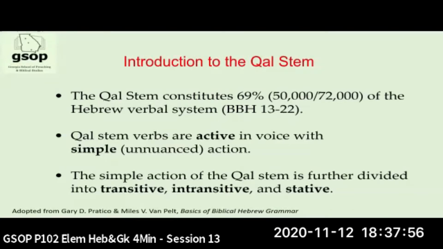Intransitive means there is no transfer of action, no direct object associated with the verb. And stative would be similar, except it's more equative. This is where you use the to be verbs: is, was, has been, will be.